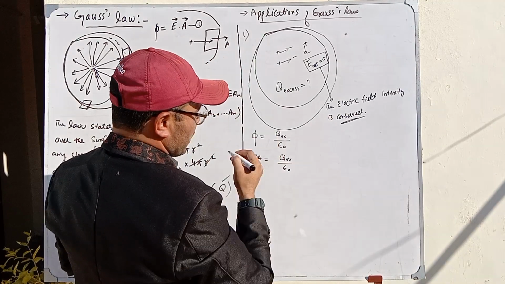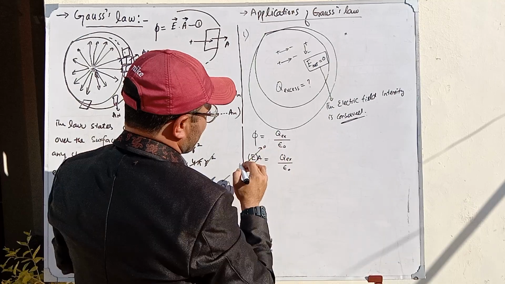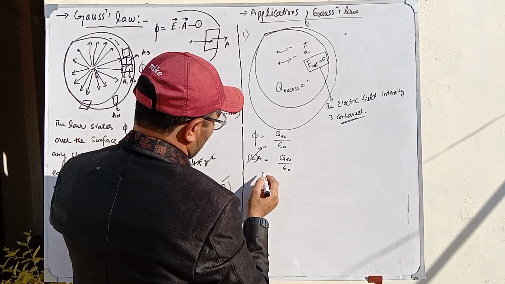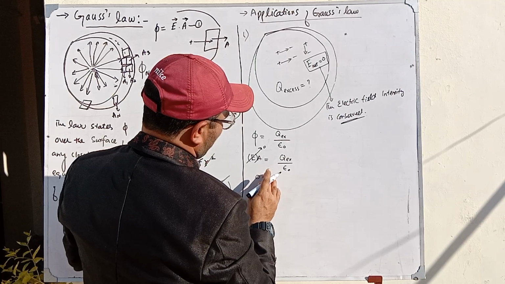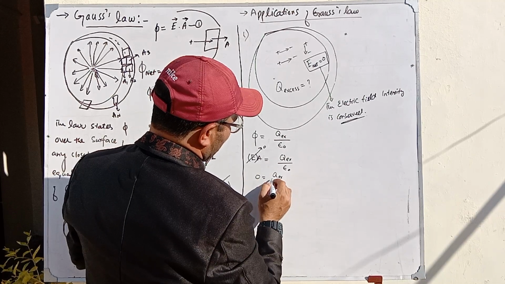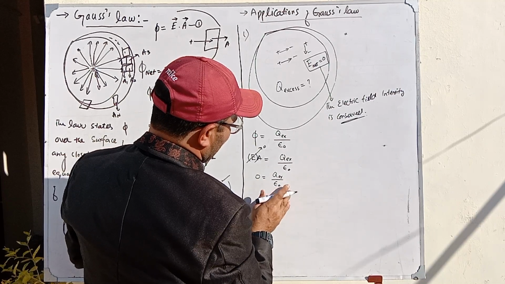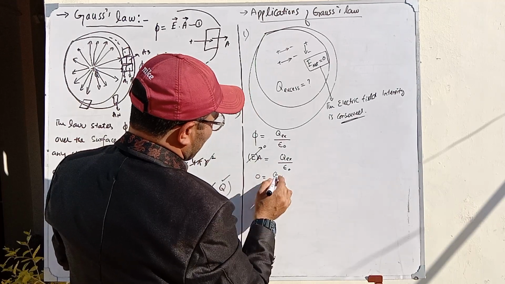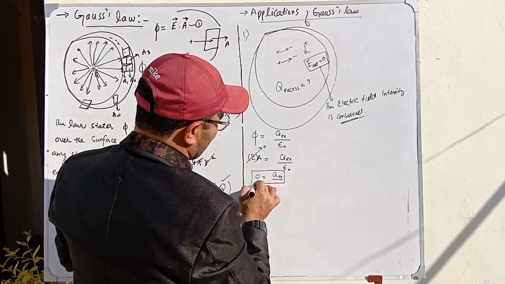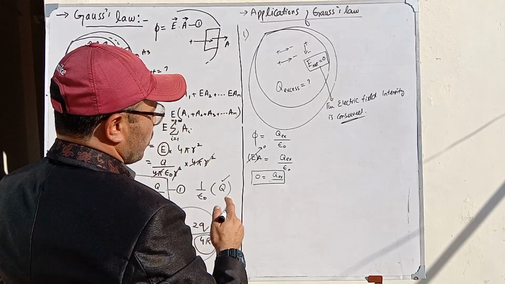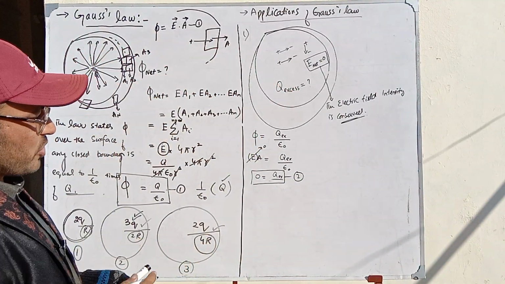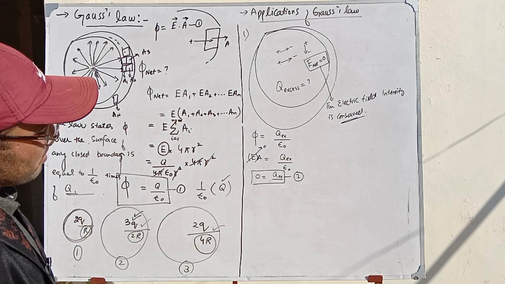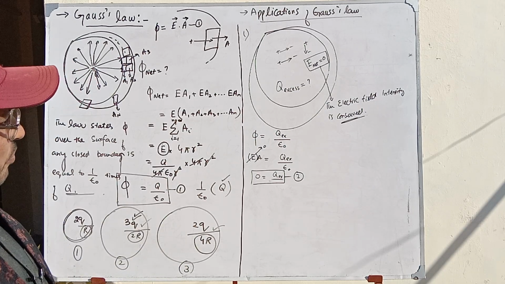The net electric field is 0, so the left side gives me 0, and when I multiply epsilon naught with the right side, it also gives 0. From equation number 2, it is clear that we have no excess charges inside a conductor.